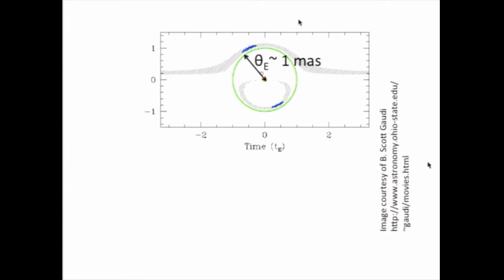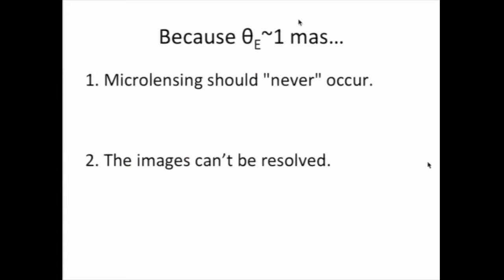So we actually have two problems with microlensing. Because the Einstein Ring is only about 1 milliarcsecond, microlensing should never occur, and the images can't be resolved. There's two really serious problems. But fortunately, there are solutions to them, which is why we can have this conversation today.